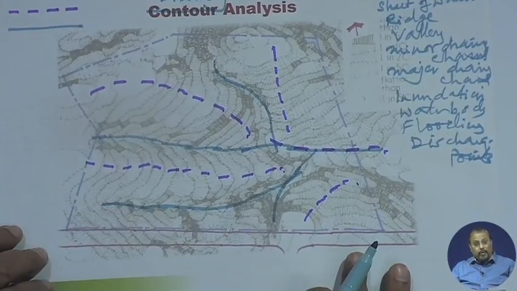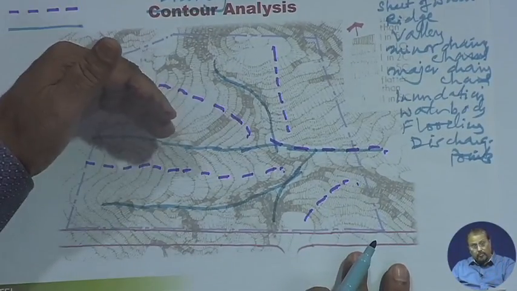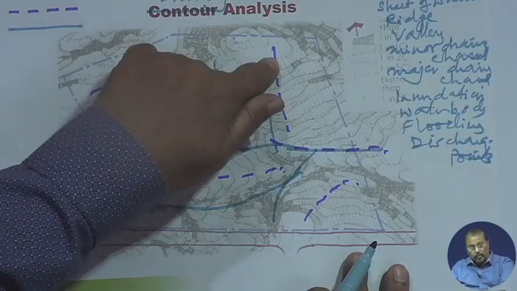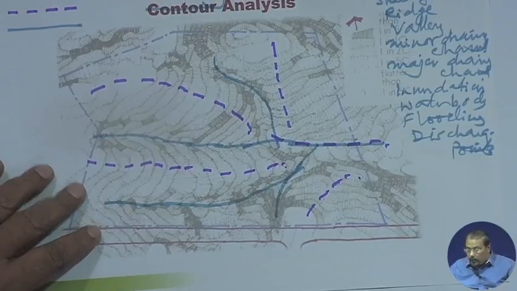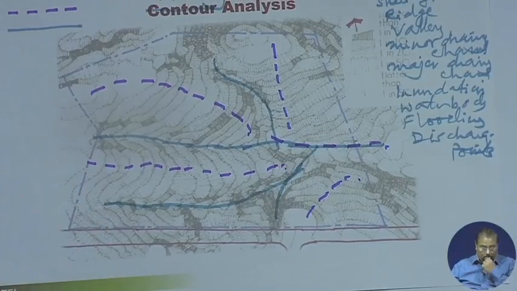So automatically you will find one thing: if there is a ridge, next is a valley, next is a ridge. If you find any drawing which has a ridge and another ridge, and there is absence of a valley, the drawing may be erroneous.